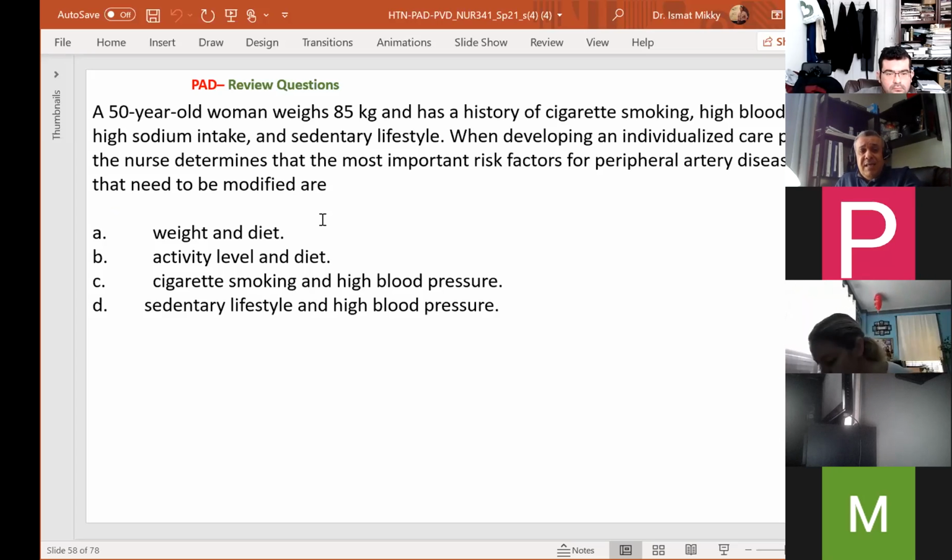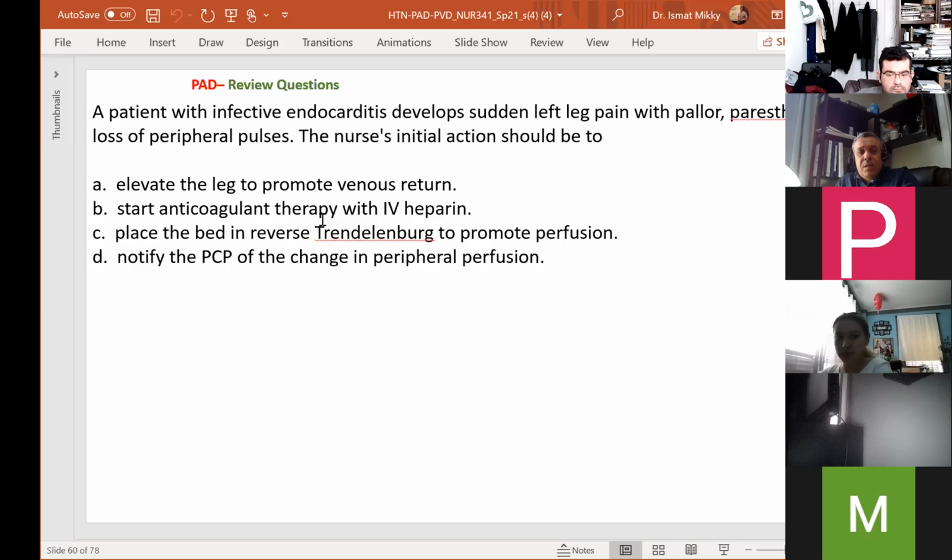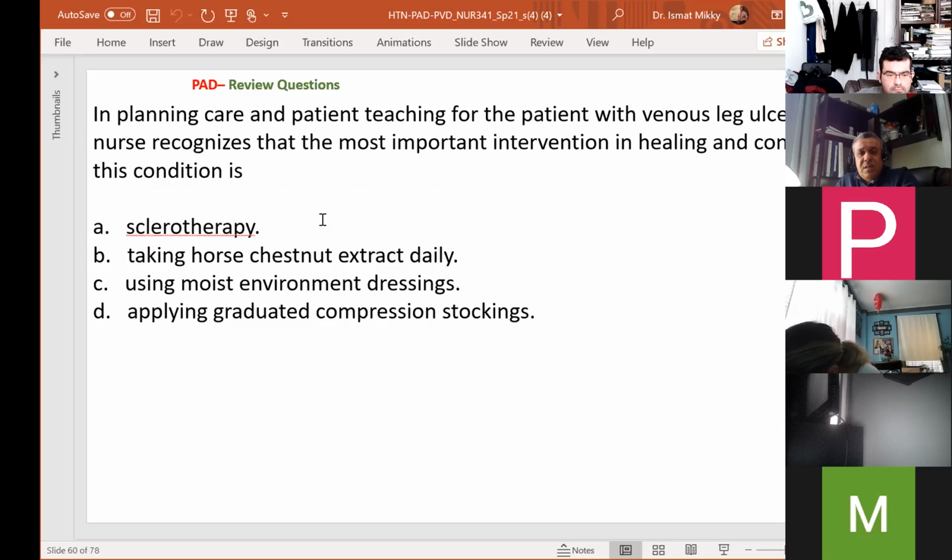So this one is C. This one is C. The answer to this one is D, the last one. And again, here also is D, the plighted stockings.